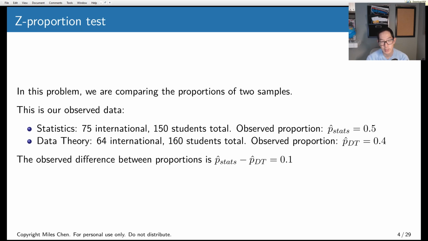For data theory, we had 64 international students out of 160 students total, so 64 divided by 160 gives me 0.4. And if you take the difference between 0.5 and 0.4, you get a difference of 0.1, or 10 percentage points.